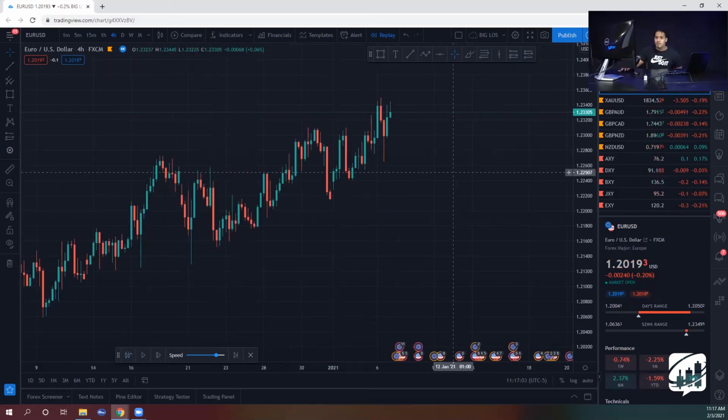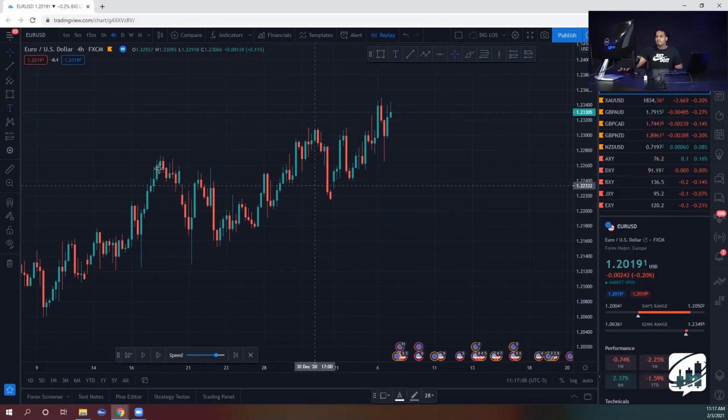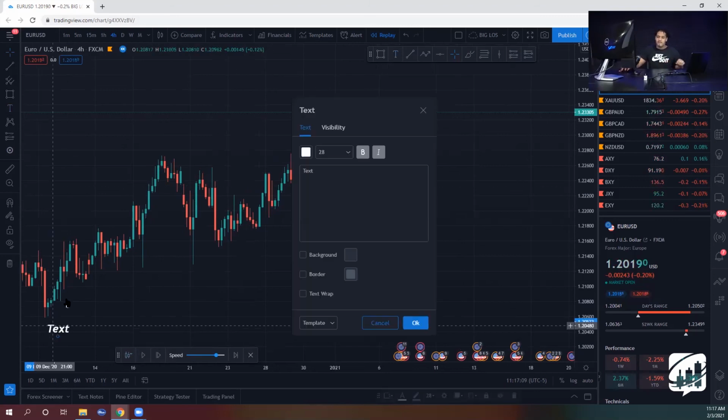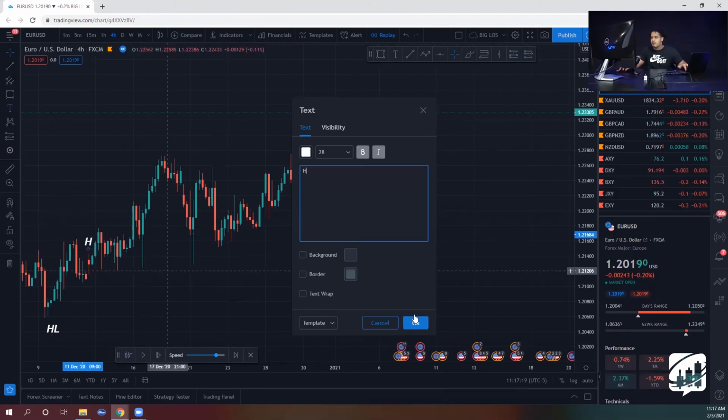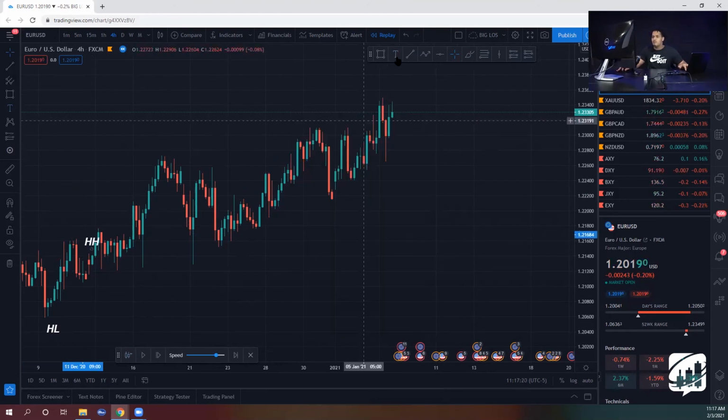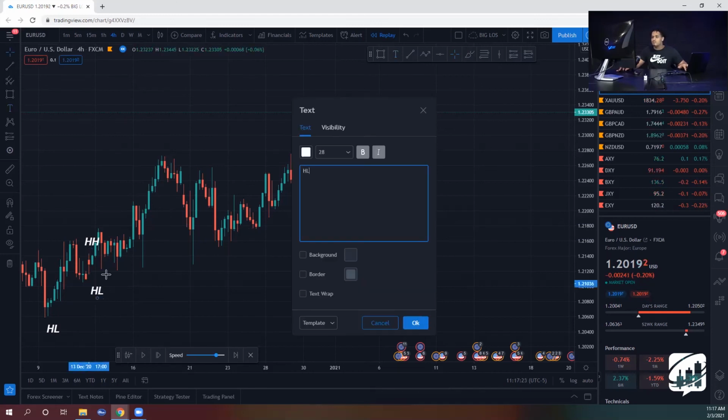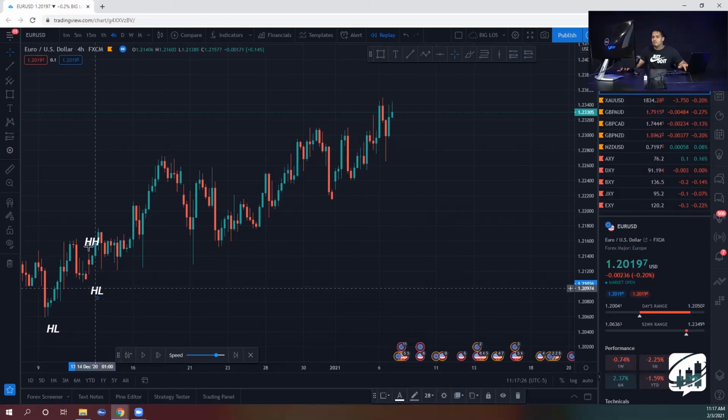Okay, so if we go back and mark up this uptrend that was forming, right? We have the higher low, higher high, yeah, higher low. Okay, this higher high got broken and retested.